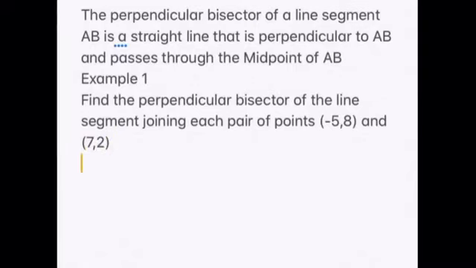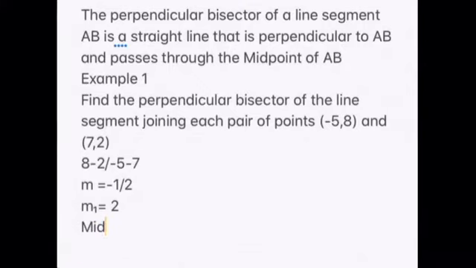First of all, we're trying to find its gradient. So y2 minus y1 is 2 minus 8, which is -6, divided by x2 minus x1, which is 7 minus -5, which is 12. So we get that its gradient is negative a half.